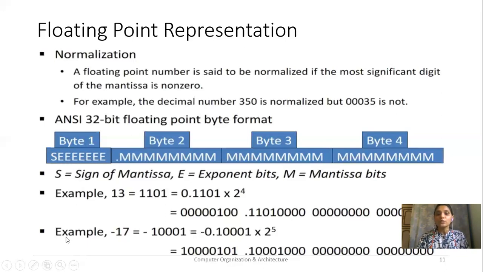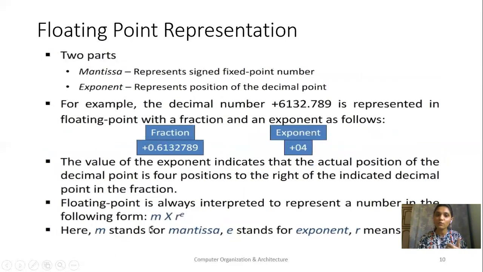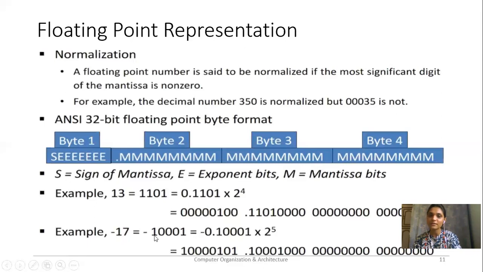For example, if you have the decimal number 13, you can represent it in binary form as 1101. Similarly, if you want to represent it in the form m into r raised to e, fraction and exponent, you can represent it as 0.1101 into 2 raised to 4.